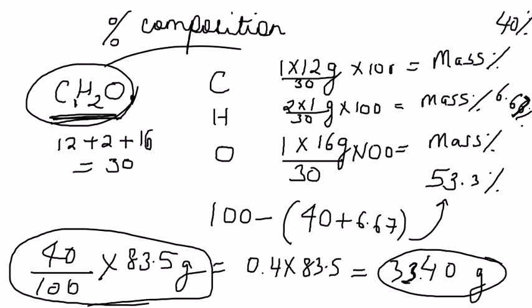So mass percent is a great method to figure out the percentage composition, because believe it or not, if you're thinking about a particular compound and it's a pure compound, then that percentage composition is going to remain the same.